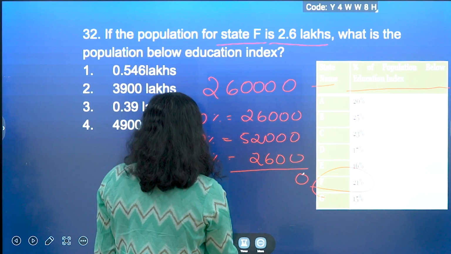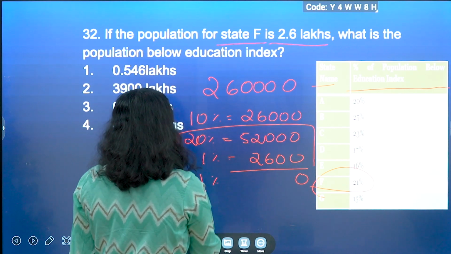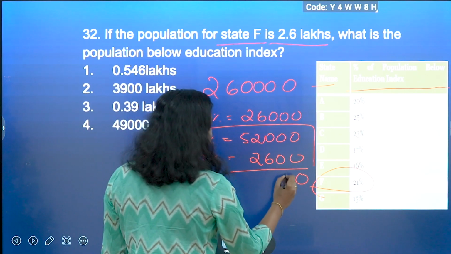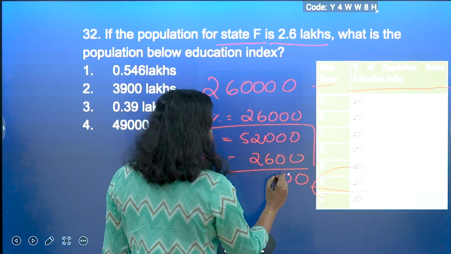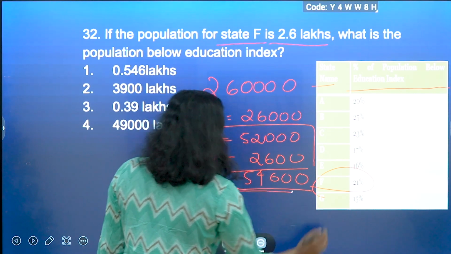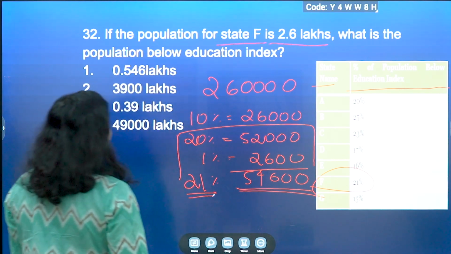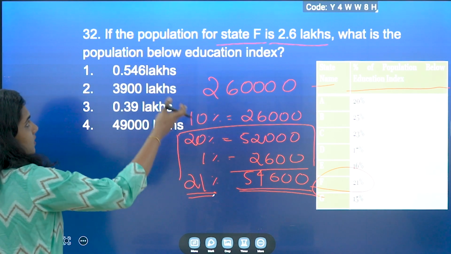So 21% means you have to add 20% and 1%. So it will be 54,600.